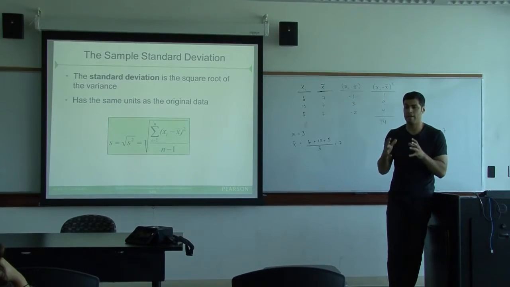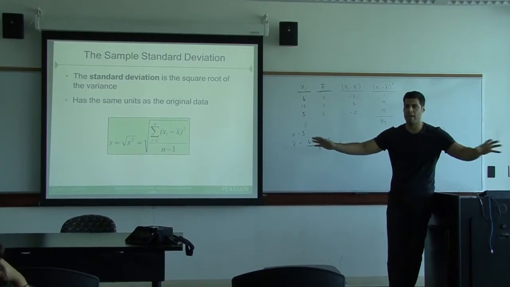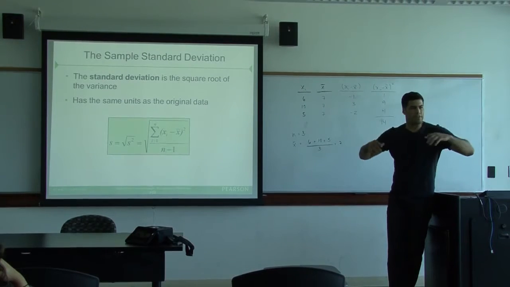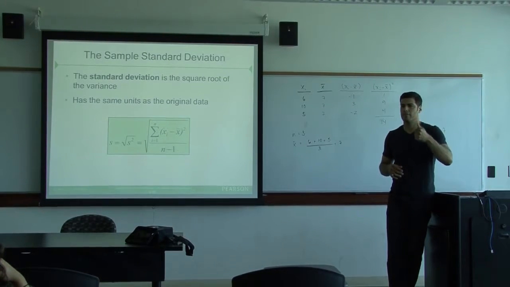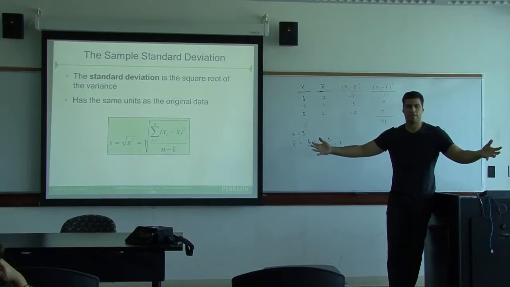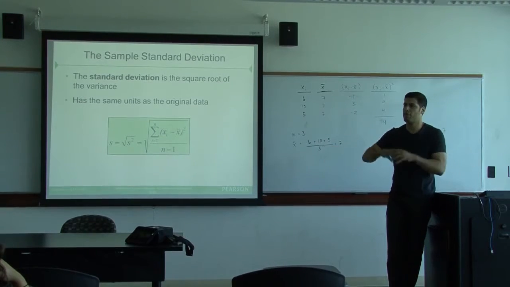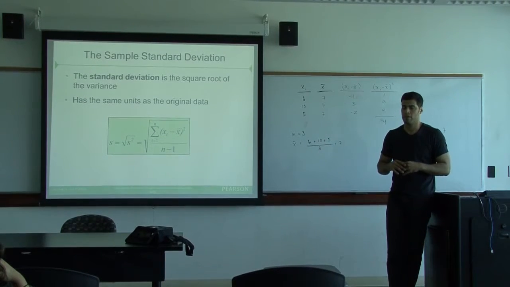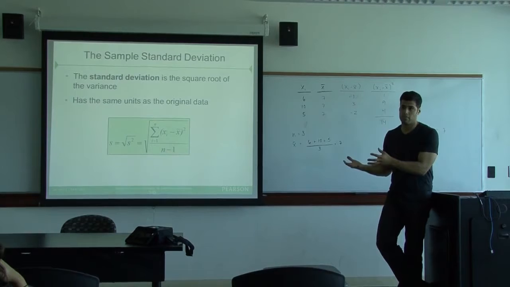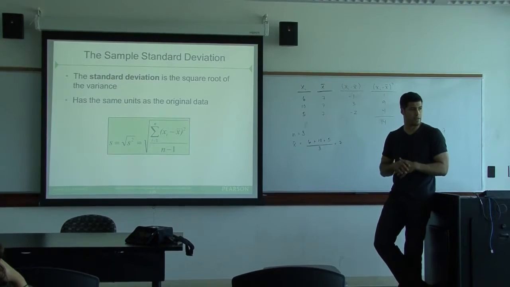Are the data values close to each other, or are they really spread out? Well, the higher the variance, the more spread out the values are, or the more variation there is. The lower the variance, the less variation. Same with the standard deviation, because they both measure the same thing.